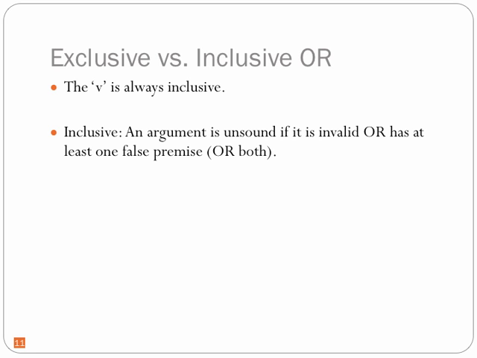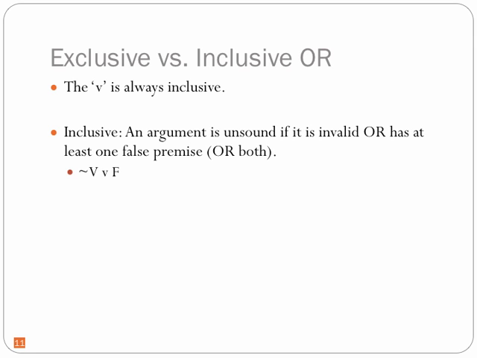You might ask, well, what if you come across an argument that is invalid and has a false premise? Well, then, of course, it would be unsound. So the or there is inclusive. It's unsound if it's invalid or has at least one false premise or both. That's what makes it inclusive. It includes the possibility of both.